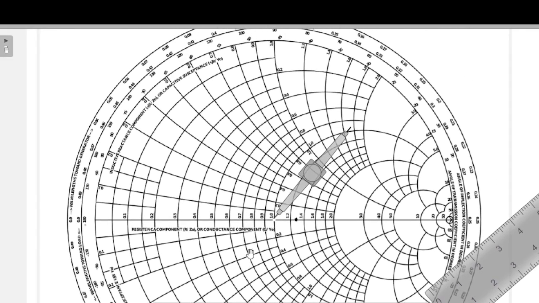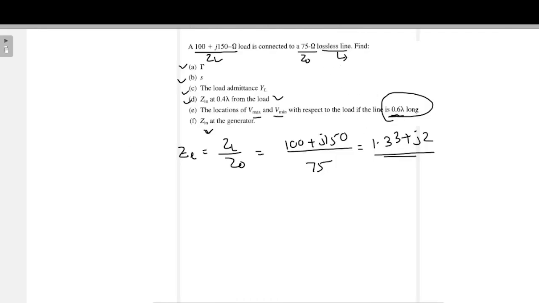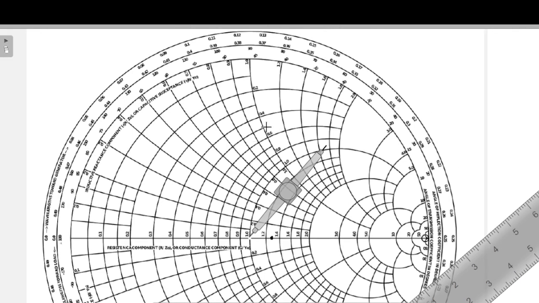We got the normalized impedance value as 1.33 plus j2, and we need to locate this point in the Smith Chart. So how to locate that? First let us see where the 1.33 line is. Here 1.2 is there, 1.4 is here, so 1.33 will come around here. This is the 1.33 in the real part, and the imaginary part is 2.